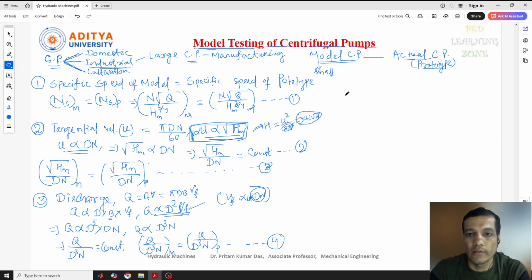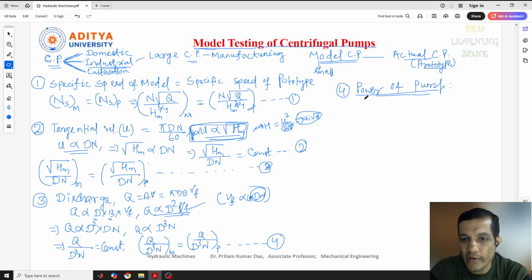Now the next one I can consider. Specific speed is completed, tangential velocity seen, discharge also seen. Now we'll go for the power. What is the power of the pump? We have seen the formula.